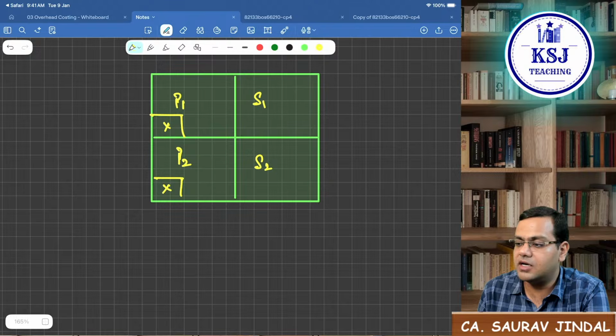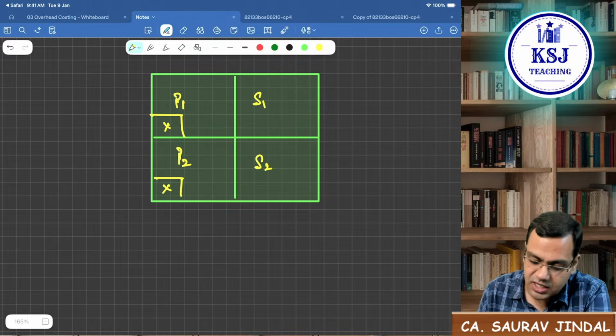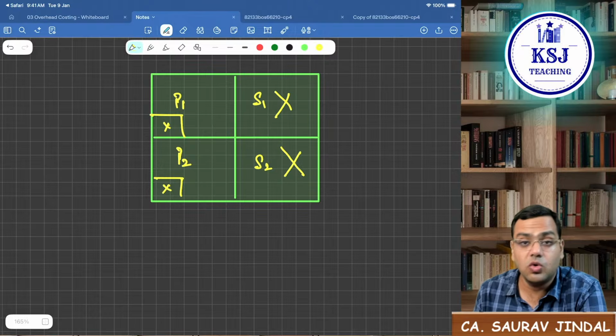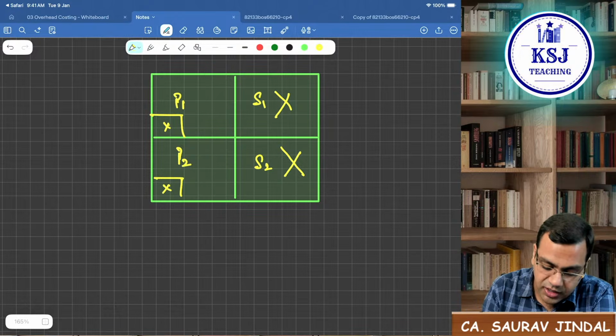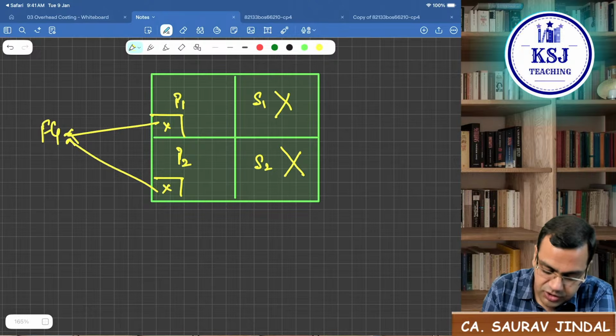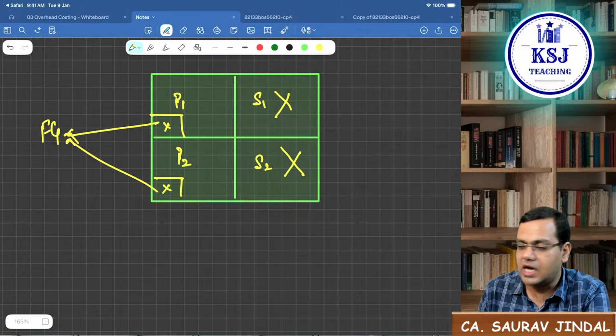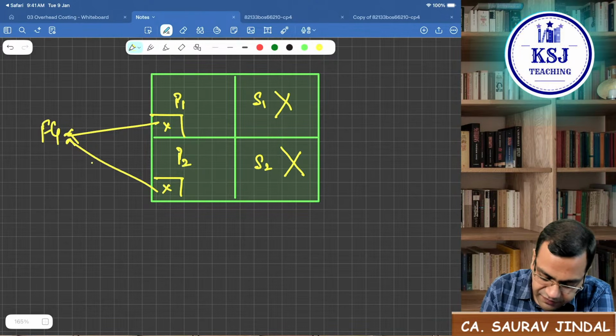This is where you have all the overheads now. There are no overheads here. So overheads are in the production department. Now we want to take these overheads to the finished goods.